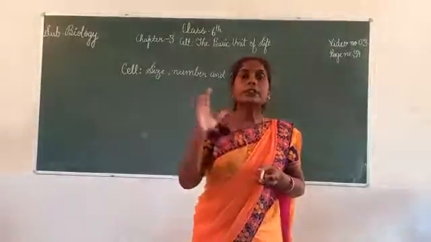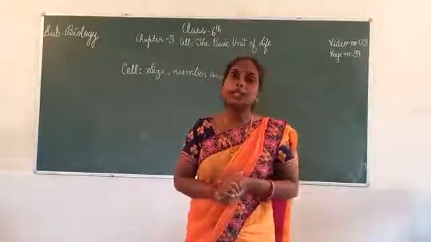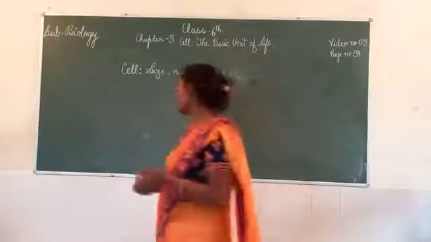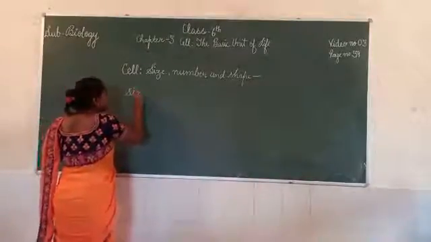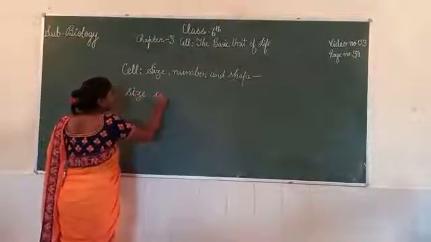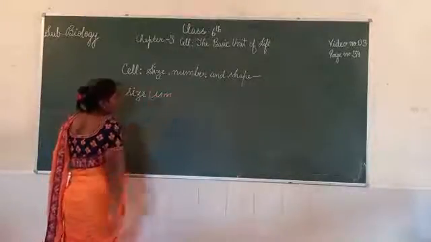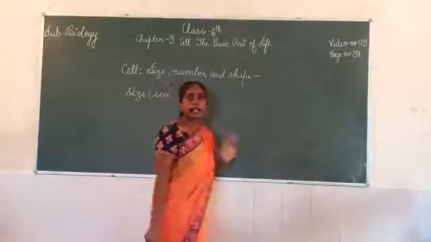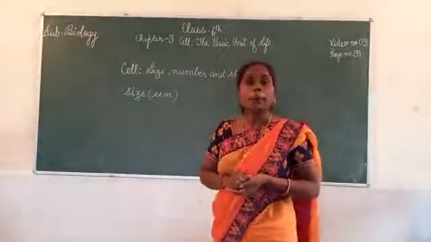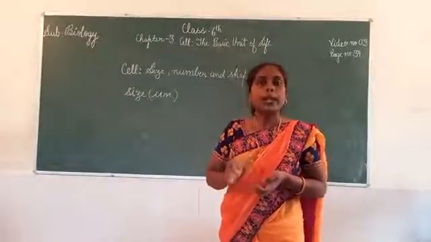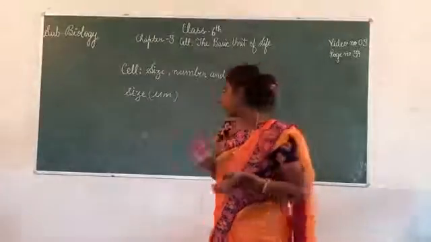The size of a cell is usually measured in micrometers. The size of the cell is measured in micrometers, which is 1 upon 1000 part of a millimeter.